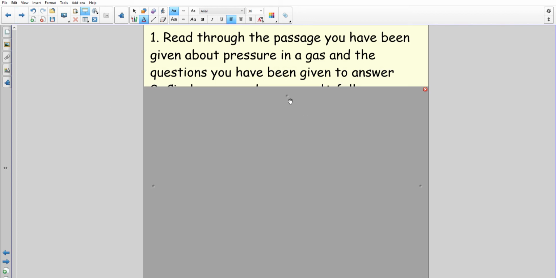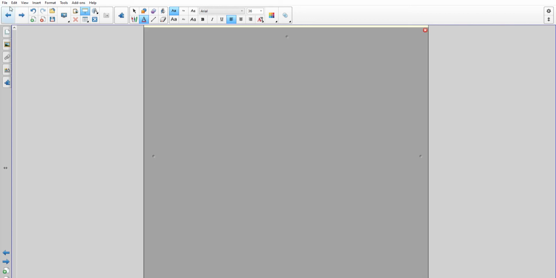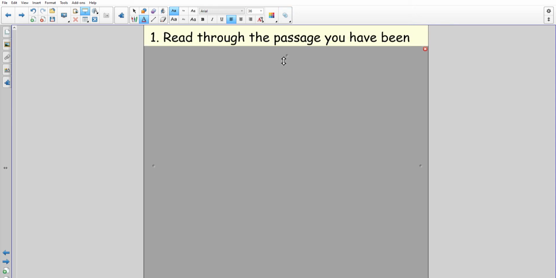Okay, now next thing you need to do, you should have in the room somewhere a set of sheets with some information about pressure, a few little pictures on there, and then lots of questions down the side. What I don't want you to do is rush in and start answering those questions, because if you do that, you might get some of them wrong. So what I want you to do is spend a couple of minutes reading.